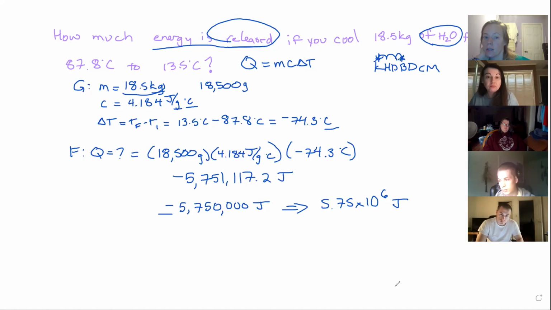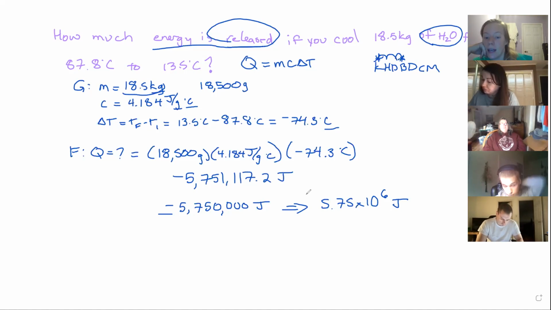So any questions on specific heat capacity problems? You definitely can expect one of these, or at least one on your test. Your test is going to be online and it's going to be multiple choice format. So this would be given to you as a multiple choice, which means it would have A, B, C, and all the numbers would be different.